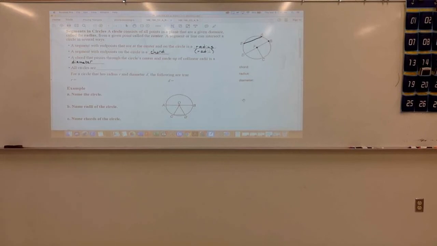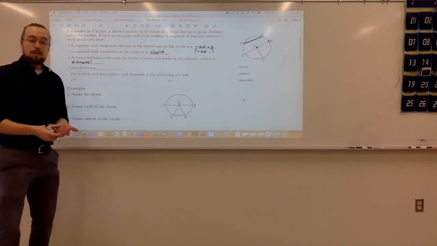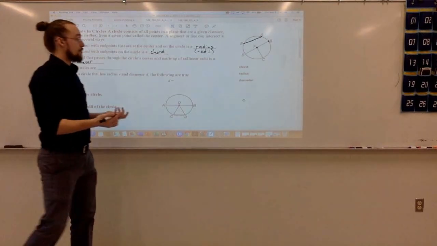The diameter is exactly twice the radius, because if we look at a diameter here, DB would be a diameter, that's exactly 2 radius lengths.